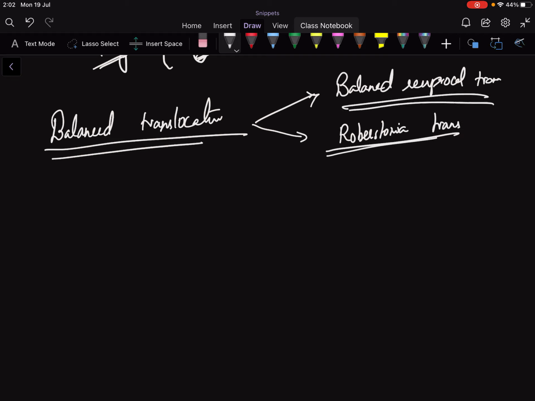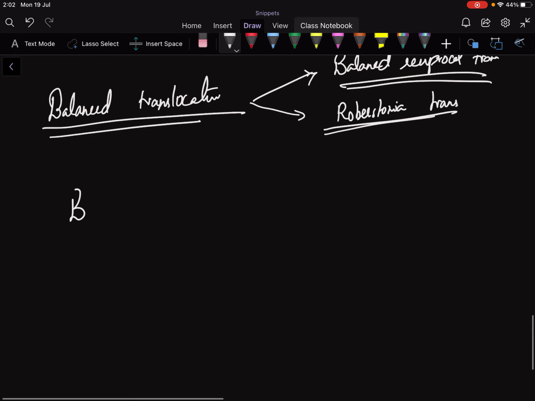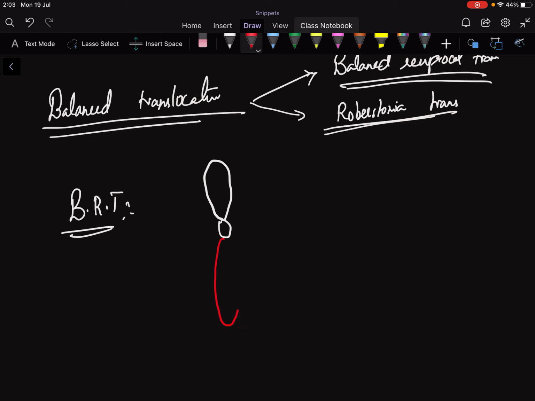First we will talk about balanced reciprocal translocation. Suppose this is the chromosome, this is the short arm and this is the long arm. Here we will take another chromosome, with a short arm and a long arm.